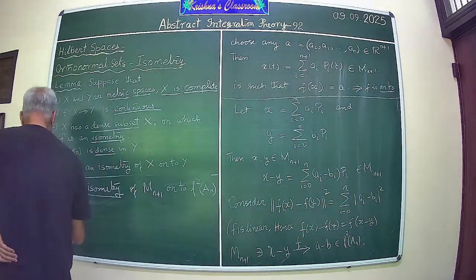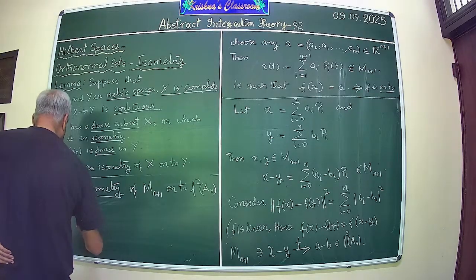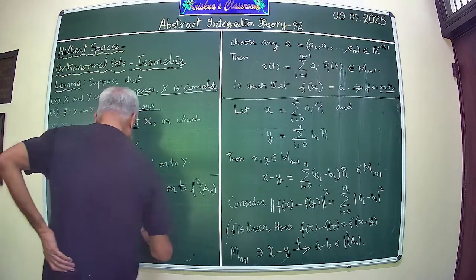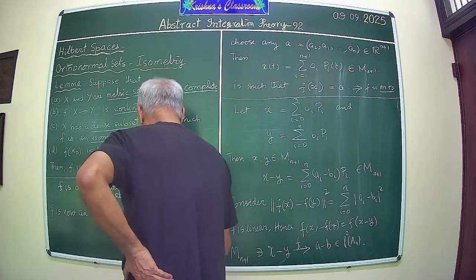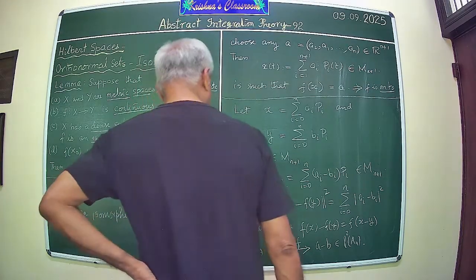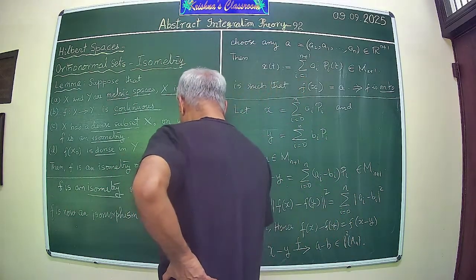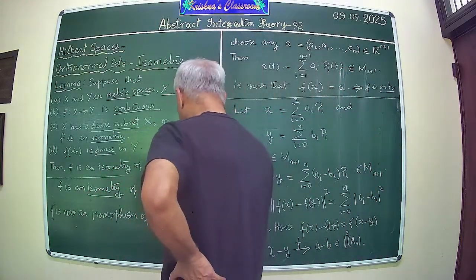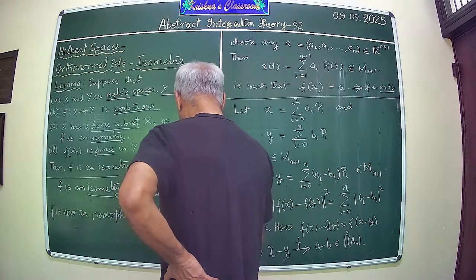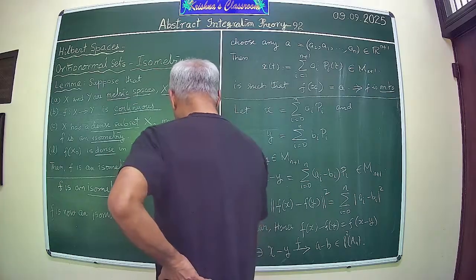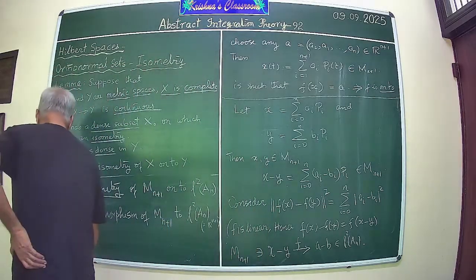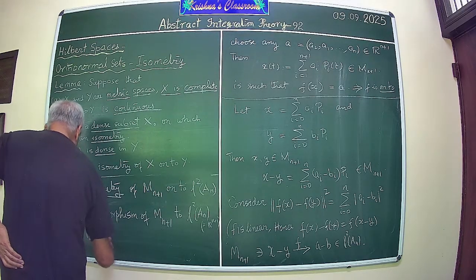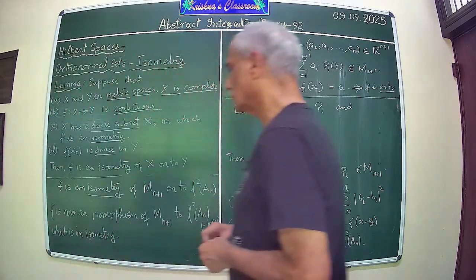And therefore, F is now an isomorphism of M_(n+1) to A_n, which is the same as R^n, which is an isometry.